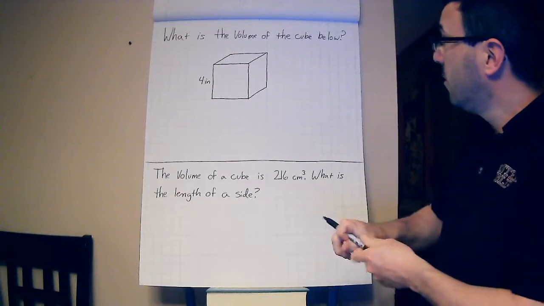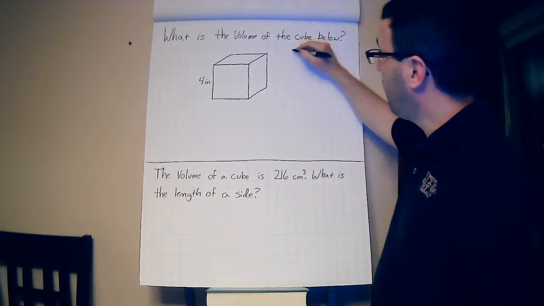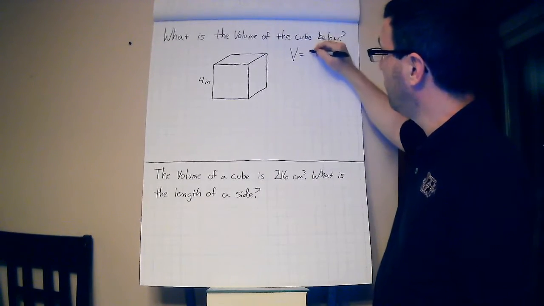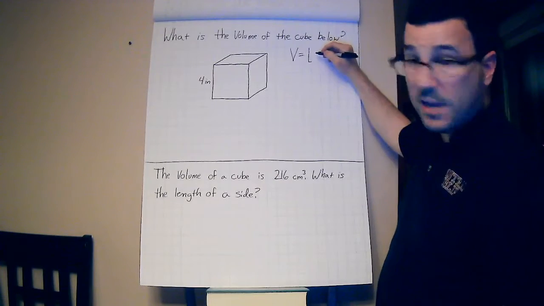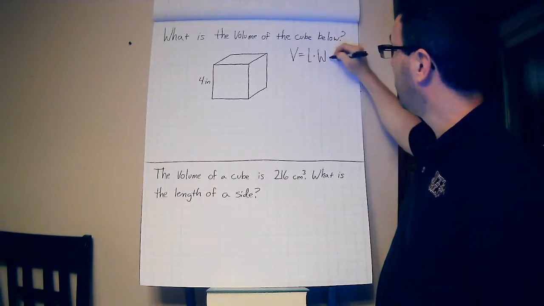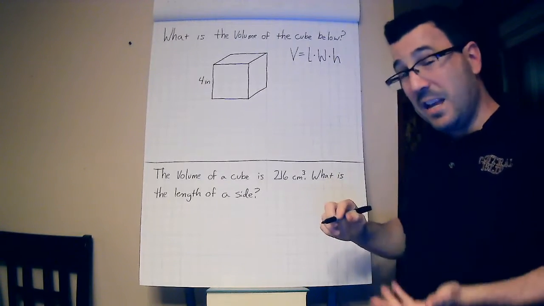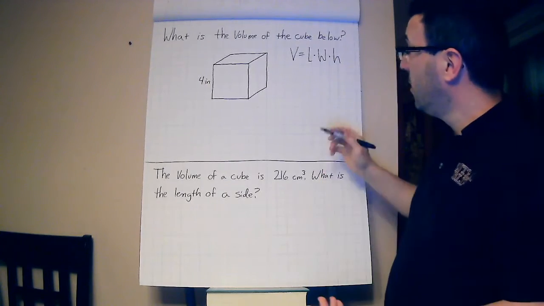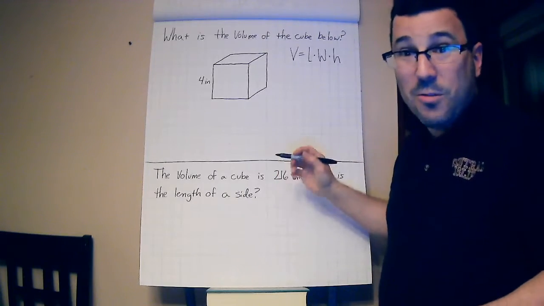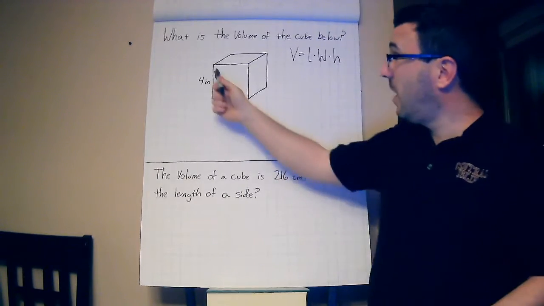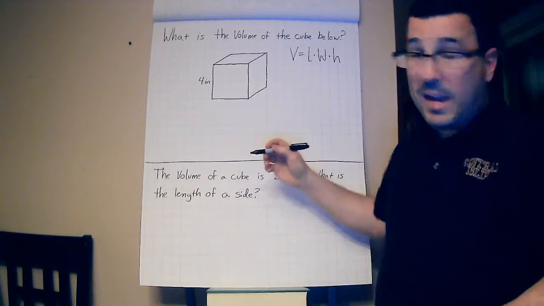So the volume of the cube below, first off, volume of any rectangular prism, length times width times height. In the case of a cube, all those things are the same. So I could just talk about what's called the side.